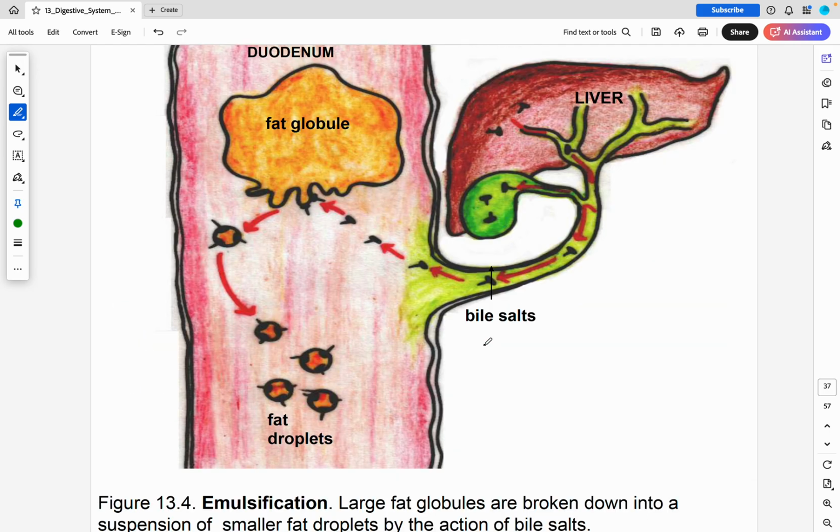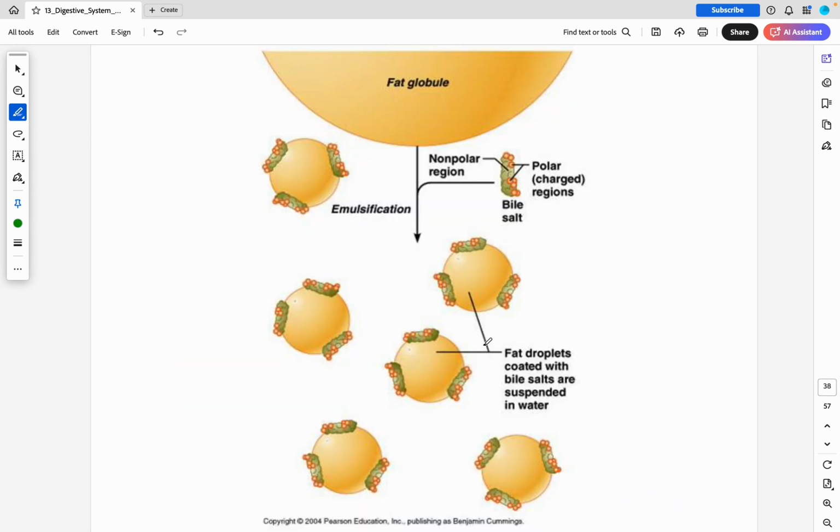So this is the process of fat emulsification. Large fat globules are broken down into a suspension of smaller fat droplets via the action of the bile salts within the bile. The fat droplets become smaller and smaller as they encounter bile salts from the secreted bile. Here is a more visual presentation.